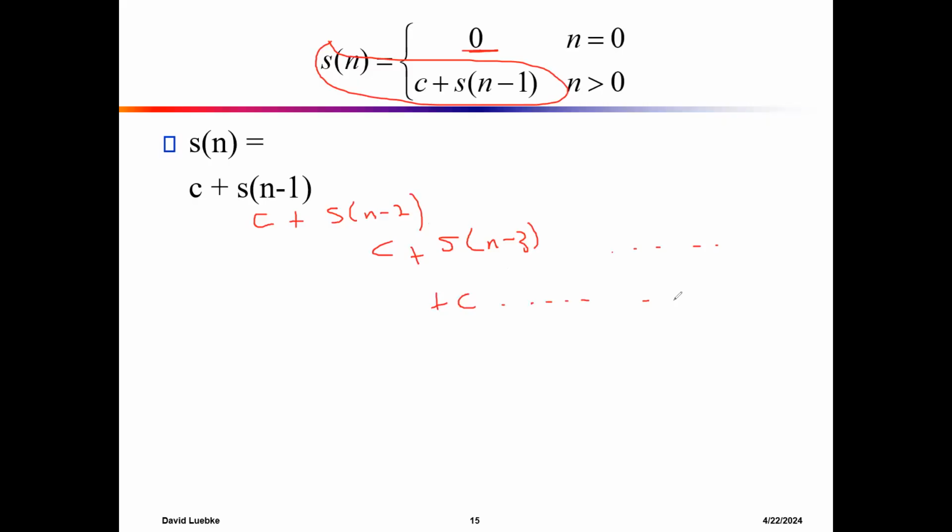But how far will this go? If we keep taking away 1, what will be the last place? What will be the value at the end? S of what? Anybody? I will get 9, right?